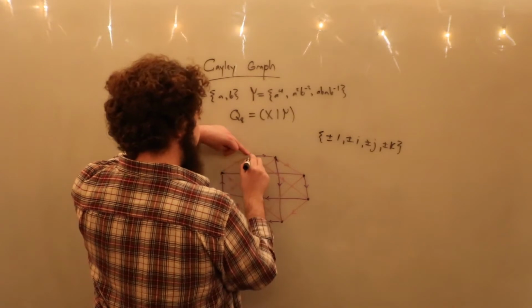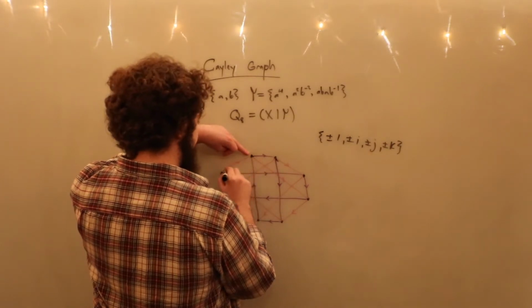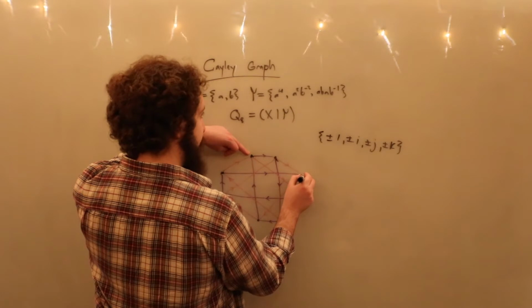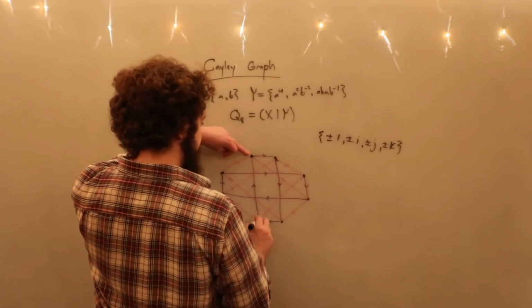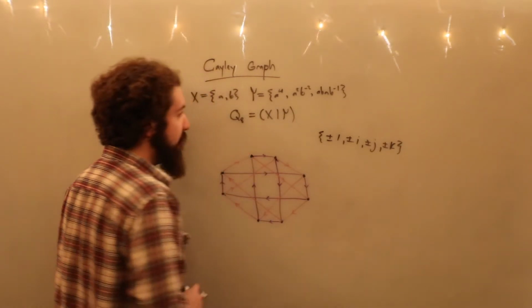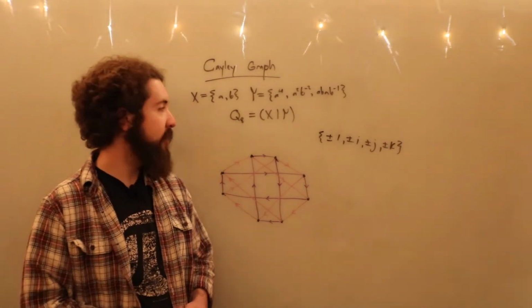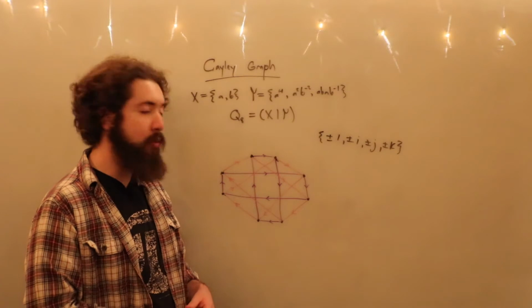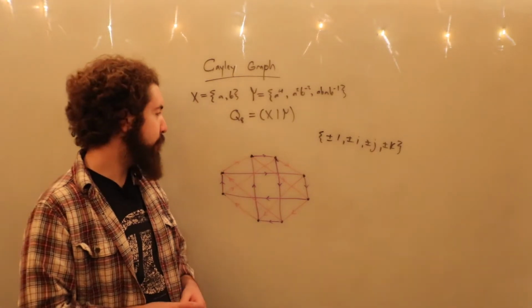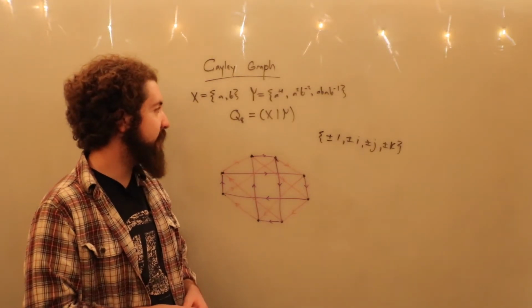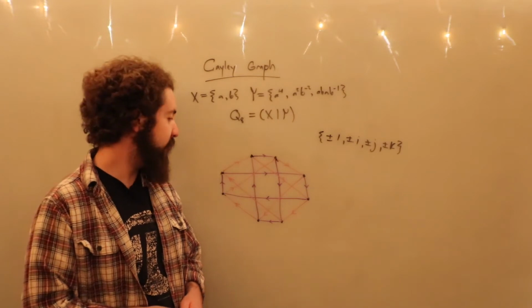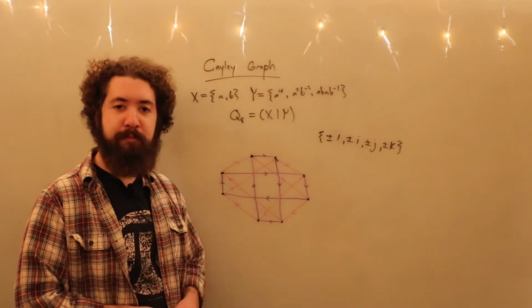So B inverse, A, B, A. And we're good. We see that this Cayley graph very succinctly describes what we, at greater length rather, elucidated last time in terms of generators and relations. Isn't that neat?